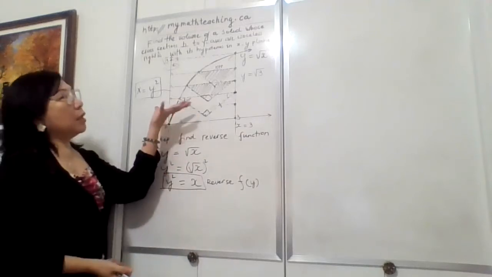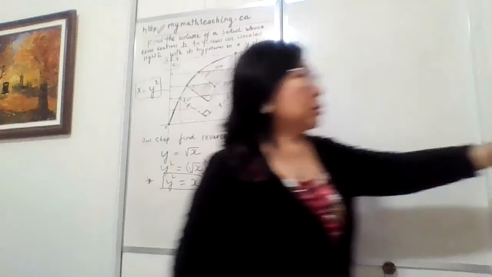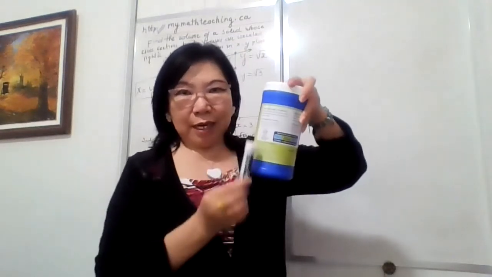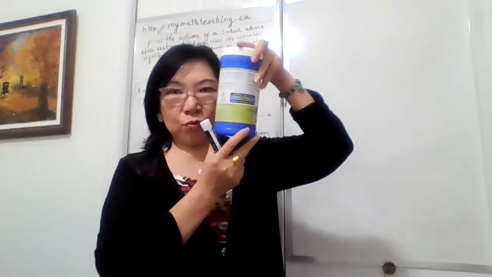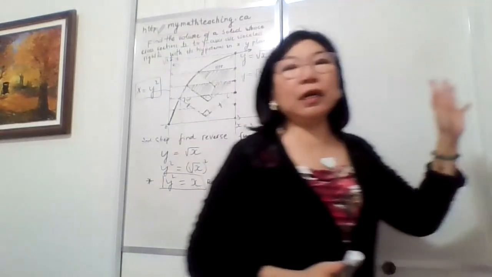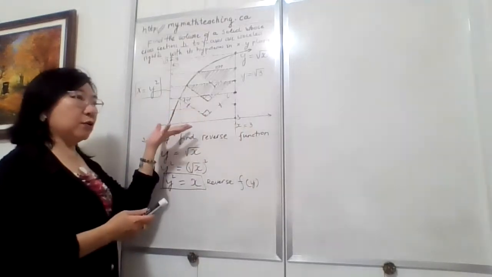Secondly, any volume would be equal to the cross-sectional area times the width, or height, to form a three-dimensional shape. But our cross-section here is not a circle, it's a triangle.